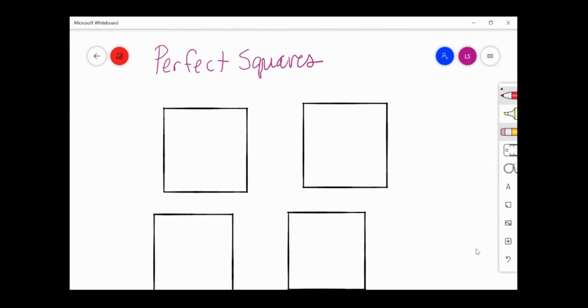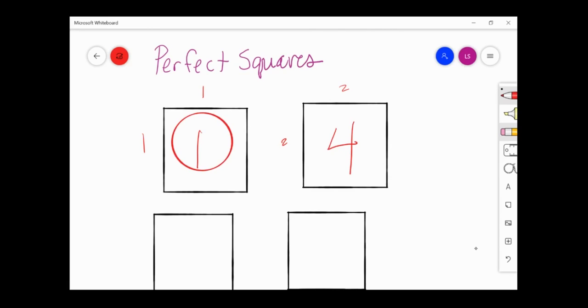All right, let's talk about perfect squares that are numbers. So one type of perfect square is the number 1 because a 1 by 1 square has an area of 1. So 1 is a perfect square. What's the next perfect square? If I had a 2 by 2, another perfect square is 4.